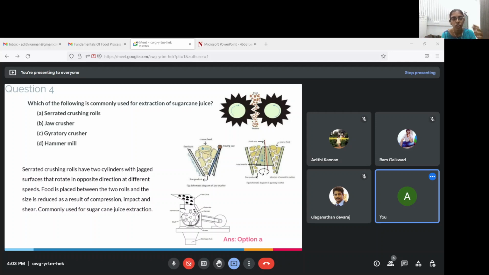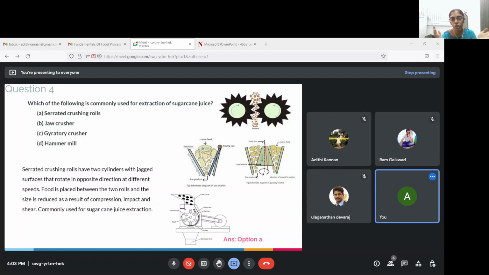That is impact. And in case of a shear, you will have more of a tangential force. Like say attrition. Attrition is kind of a mechanism where you have plates that are rubbing against each other. Because of that rubbing, the food product between the plates will undergo friction, and that friction will result in a volume reduction or a size reduction.